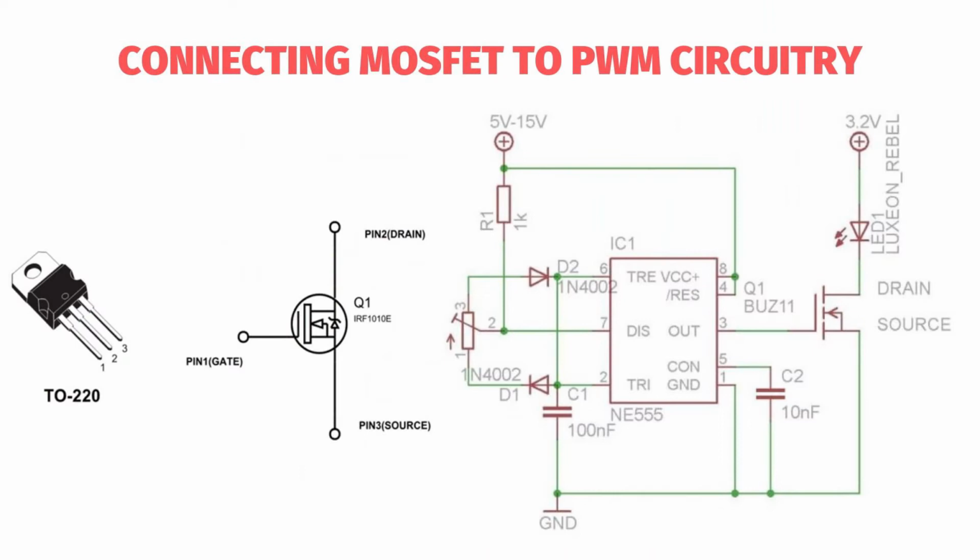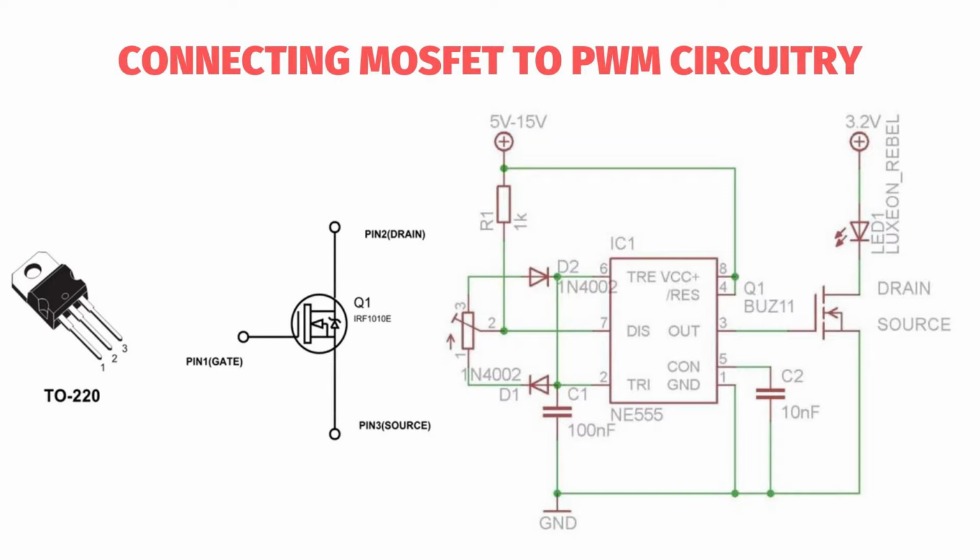So how do you connect the MOSFET to the device you want to modulate power on? This is also something that I've taken care of on my website. When I created the circuit diagram, I added how you are going to connect your MOSFET to your load device and to the PWM circuitry, so you can go and check how it is done. But just for the info, let me chart it out in front of you. The gate side of the MOSFET gets connected to our PWM signal.